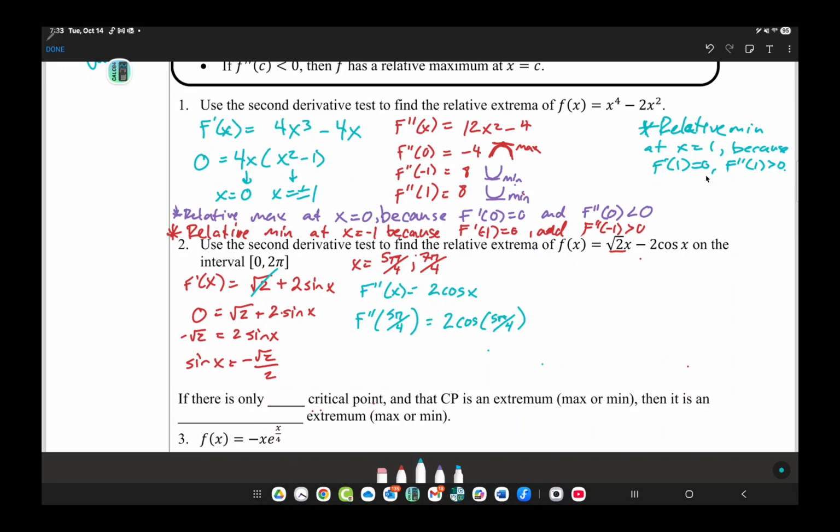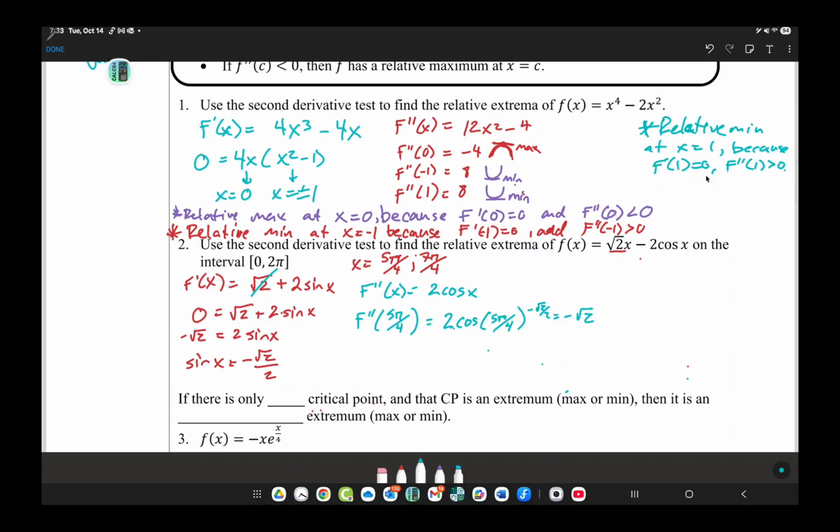Now, I'm not super concerned what the values are, okay? But, I mean, we do know pi over 4 for sine and cosine is root 2 over 2. What I'm really concerned with is whether it's positive or negative. Now, 5 pi over 4 is in the third quadrant. Cosine is negative in the third quadrant. So that is going to be negative root 2 over 2 times 2. So we end up with negative root 2.